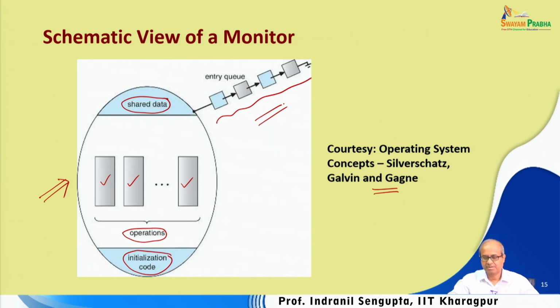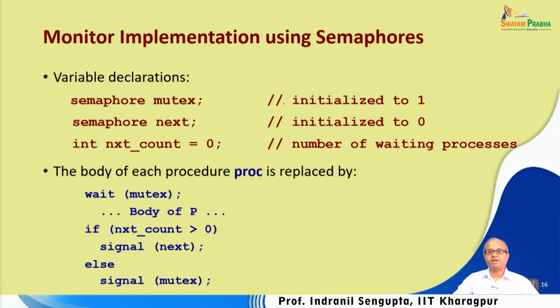Okay. Let us look at some possible implementation of these monitors without going into too much detail. Let us see how a simple implementation of monitor can be done. Here we are using semaphores for the implementation. We are using two semaphores, one we are calling mutex, one we are calling next.